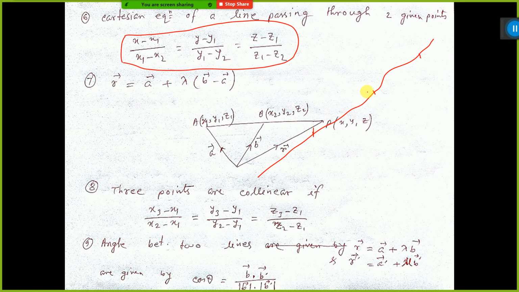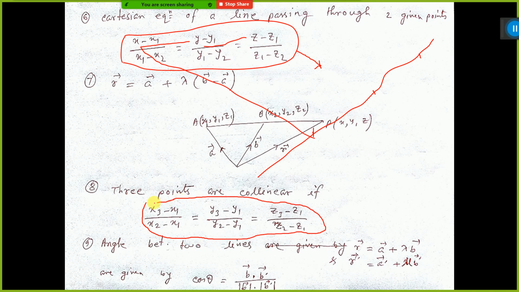By 2 points we can write this straight line. This straight line we can draw. Now the third point is x3, y3, z3. If we put x3, then y3, then z3 here, then this relation comes. So if this relation is satisfied, then we can tell that these 3 points are collinear.